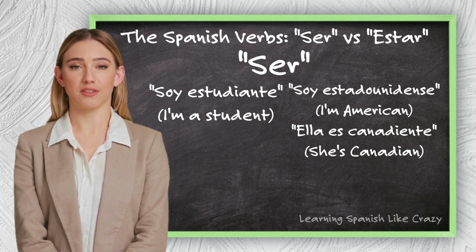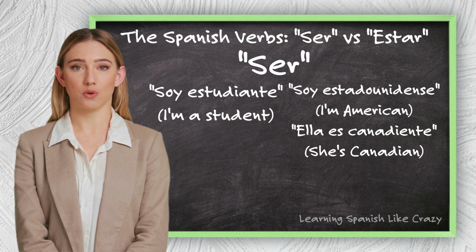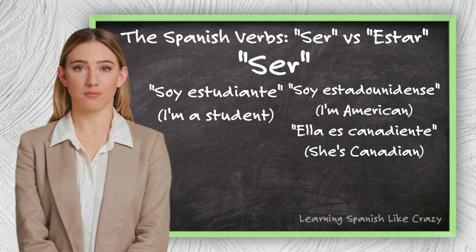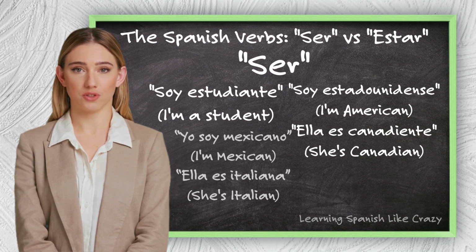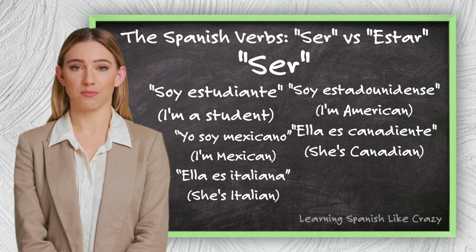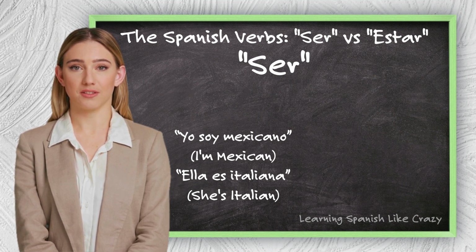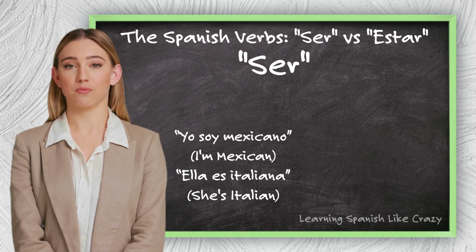When talking about identity, we use Ser to state who we are, where we are from, and our nationality. For example, Yo soy mexicano. Ella es italiana. It is also used to express professions or occupations.